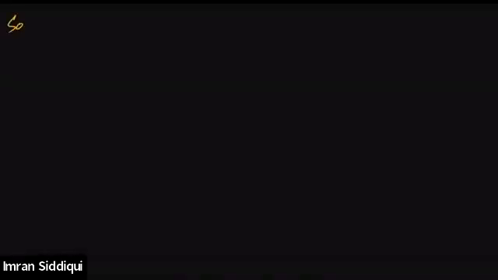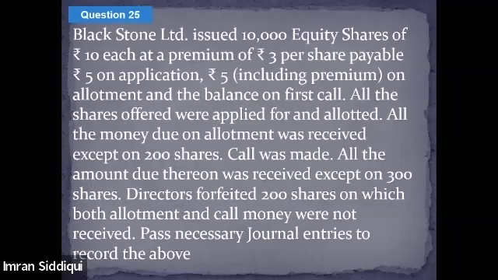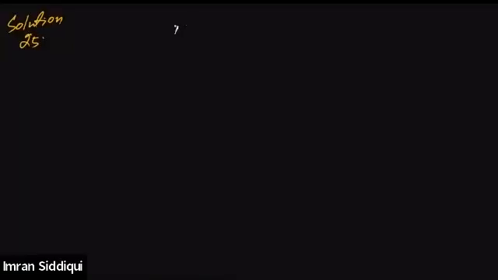Let me simplify this question a little. So the question says 10,000 equity shares were issued. Issued shares are 10,000.